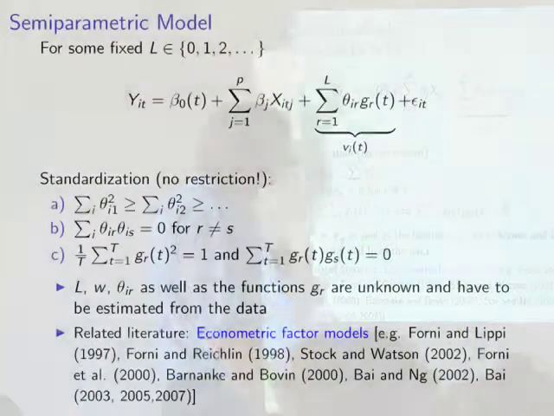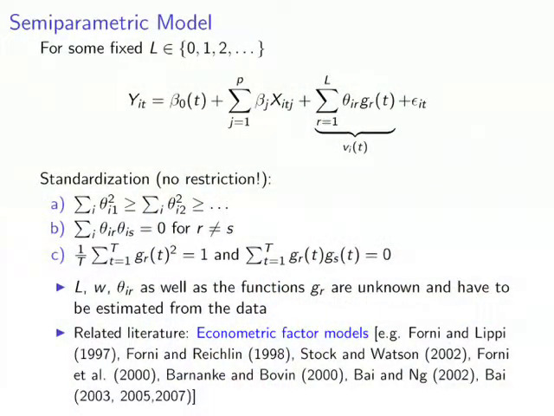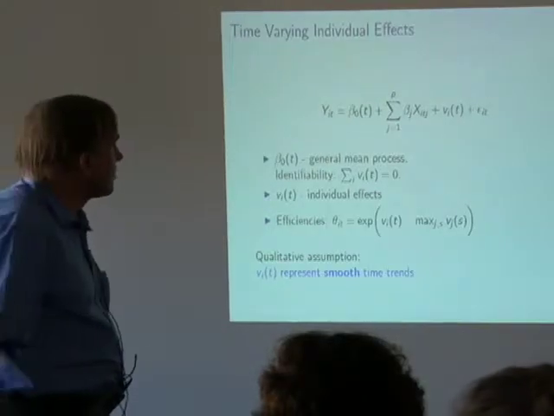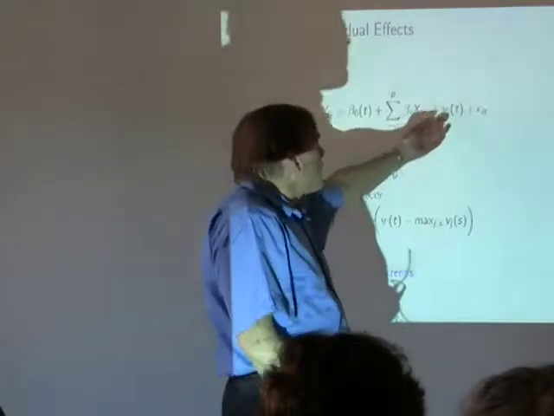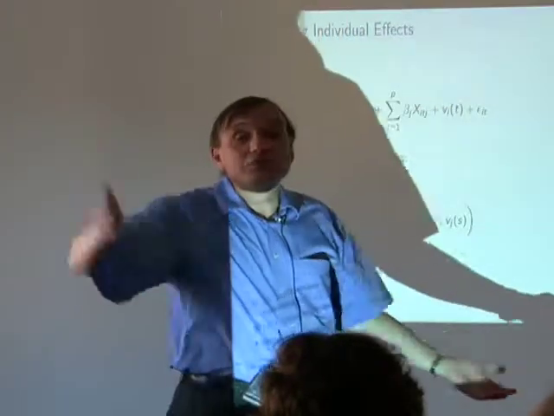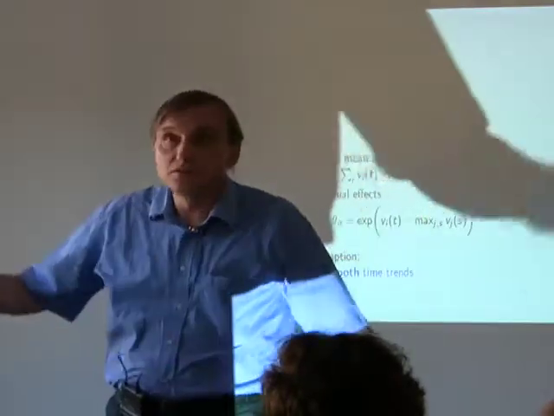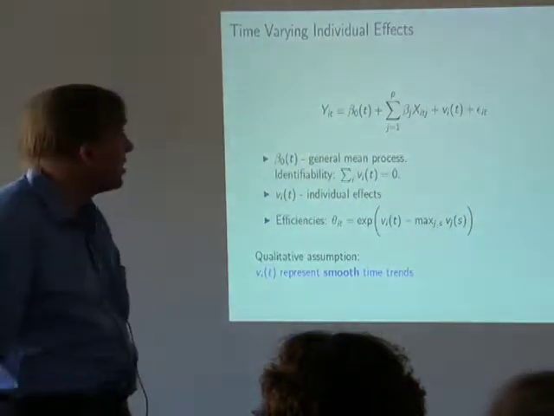Now we come back to functional principal component analysis. In order to get this more efficiently, if you consider that completely non-parametrically, you have for every i one individual function, so you have a lot of individual functions over time.